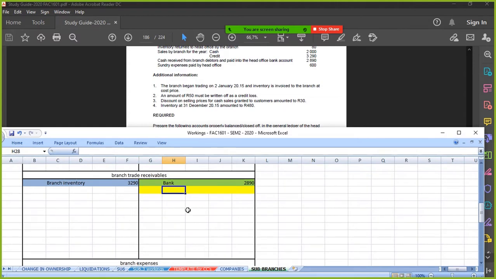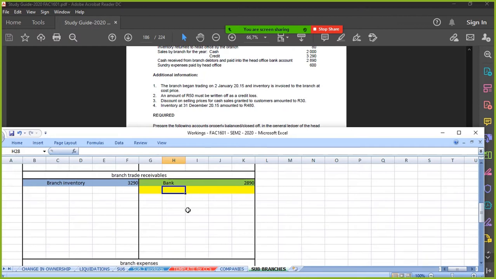Okay, let me ask you this. What do you think the contra account is going to be? Do you have a bad debt account with the branch? I would think so.